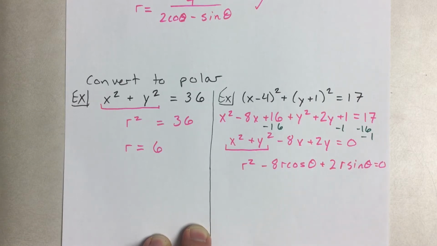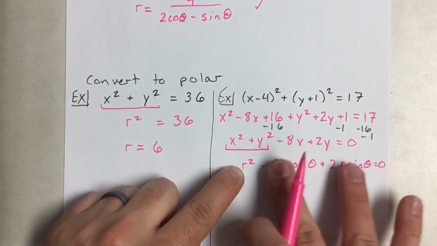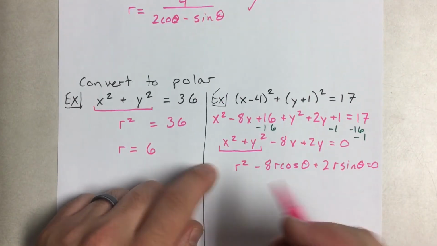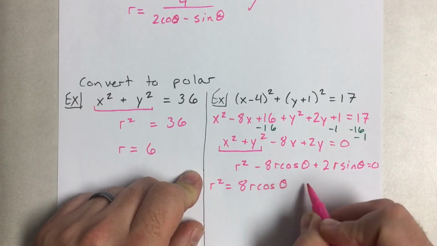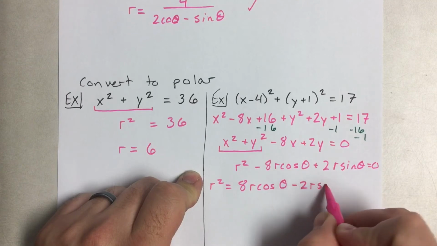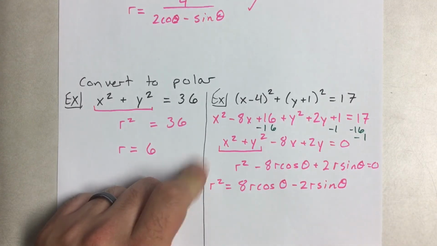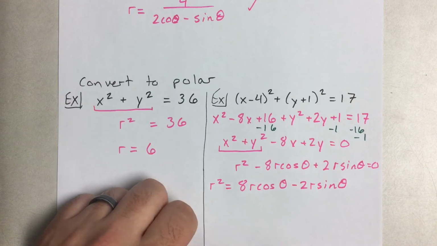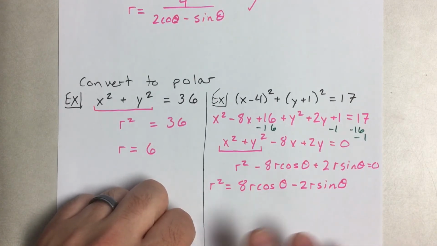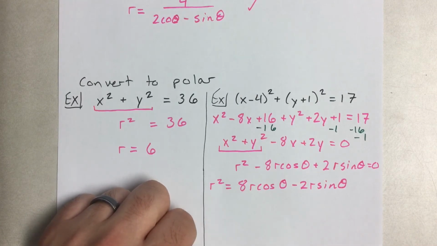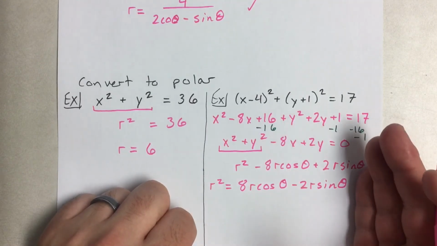So now with this, I'm going to move this group to the right side. So it gives us r squared equals positive 8 r cosine theta minus 2 r sine theta. Now you might be wondering, am I going to square root here? Well, you can square root, but it's going to get a little ugly because the goal with getting polar equations is that you have r equals and then something in terms of only theta.